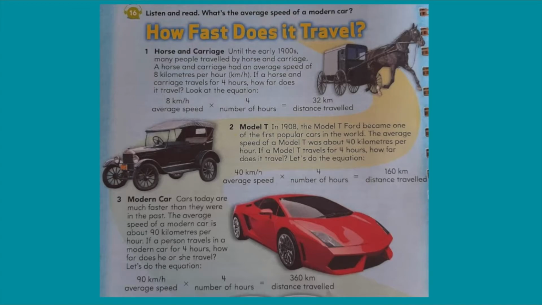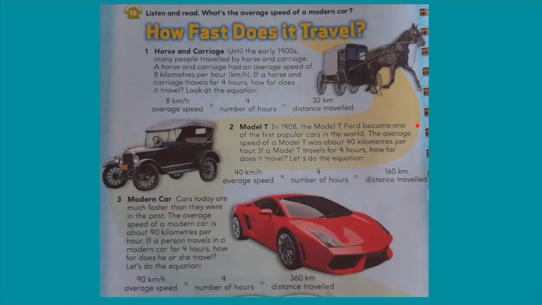Look at the equation. 8 kilometres per hour, the average speed, times 4, the number of hours travelled, equals 32 kilometres, the distance travelled.